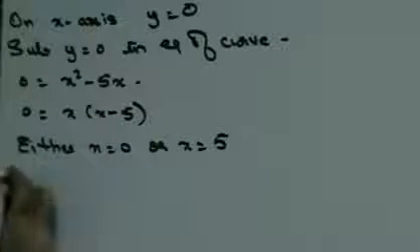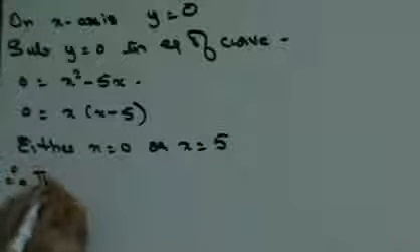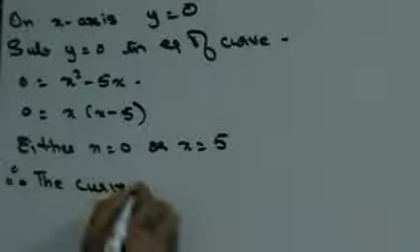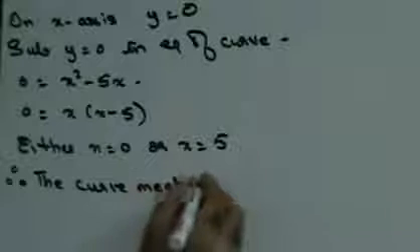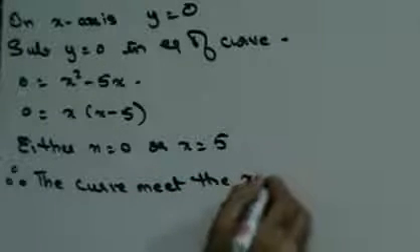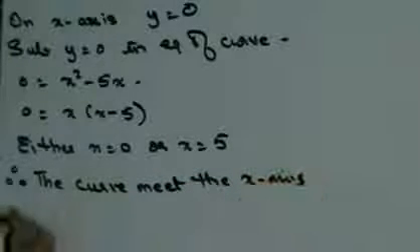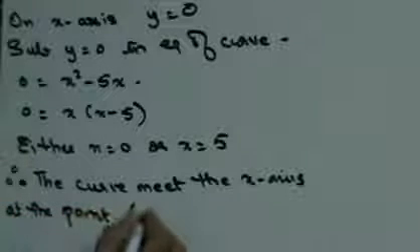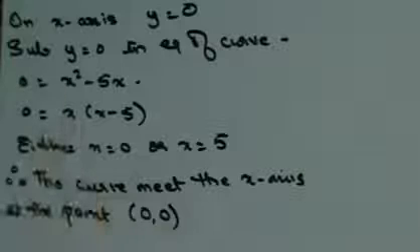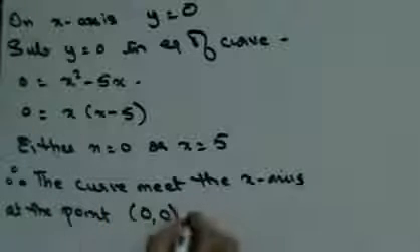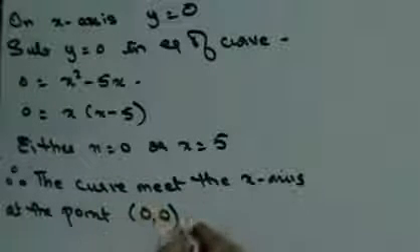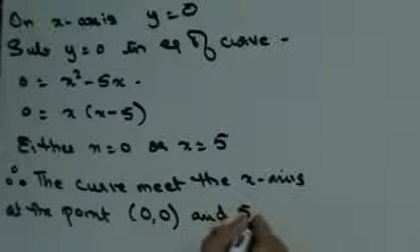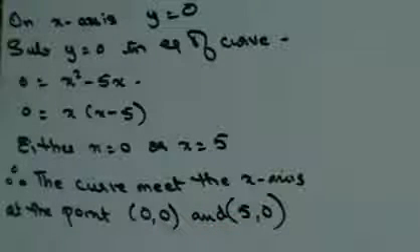Once I have the two values of x, therefore the curve meets the x-axis at the points 0, 0, the y coordinate we had already assumed as 0, and 5, 0. So you now know the points where the curve meets x-axis.